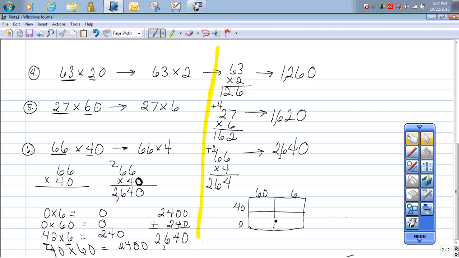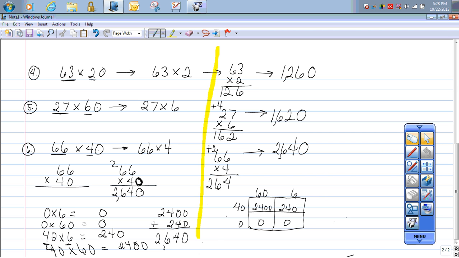And so then you can just place these answers where they go. So 40 times 60 is 2,400. And 40 times 6 would be 240. And 0 times 60 is 0. And 0 times 6 is 0.